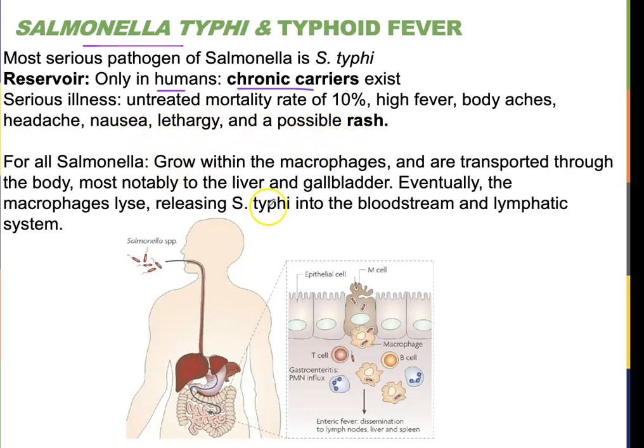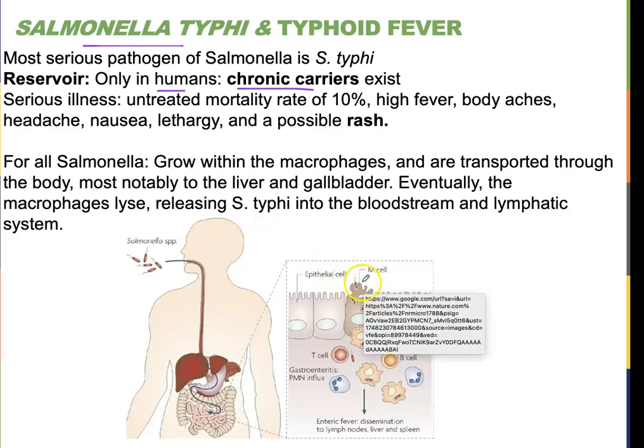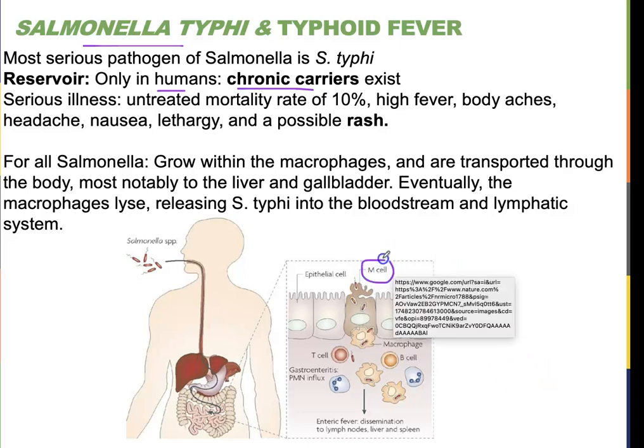And again, this little picture here looks similar to our Shigella in that Salmonella comes in and can enter into these specific cells. They're called M cells. These are cool because in your intestines, you may have learned that there are little areas inside the lining of your small intestine called Peyer's patches, which is where a lot of lymphatic cells are.